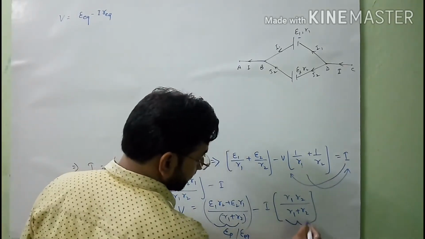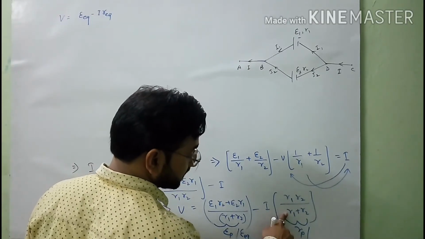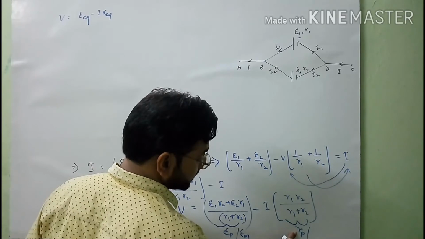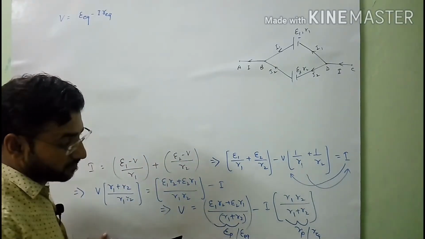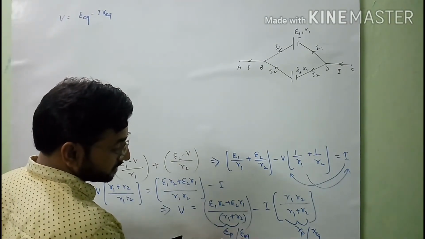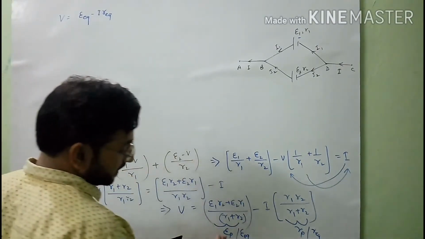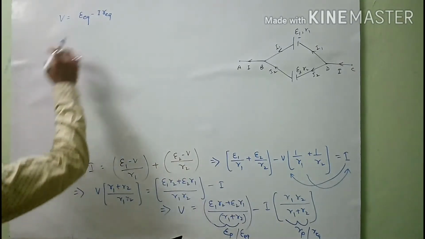And similarly, this one is our equivalent internal resistance in parallel combination, which I will represent as RP or R equivalent, because in the previous part I represented the equivalent resistance by E eq, R eq. So here I will represent this by P, EP and RP, because it is the parallel combination.